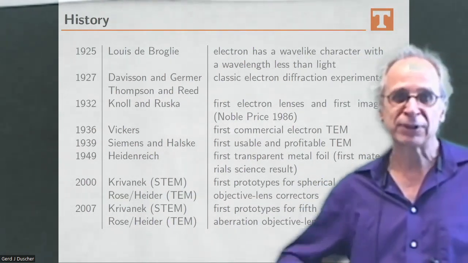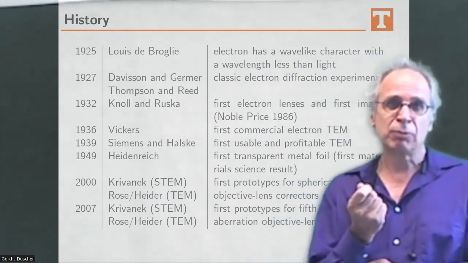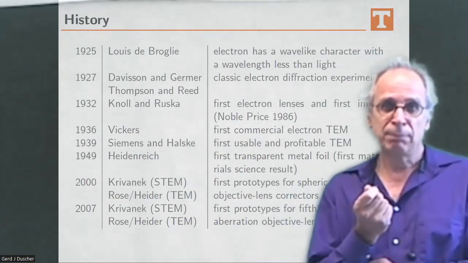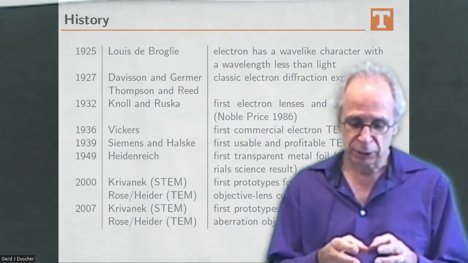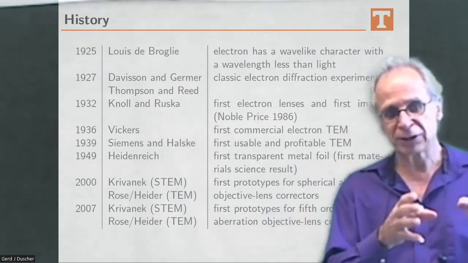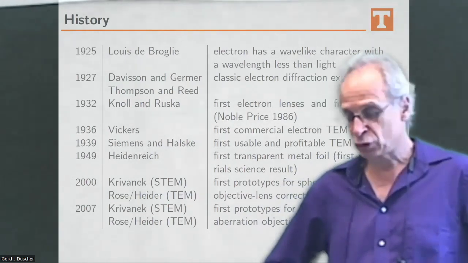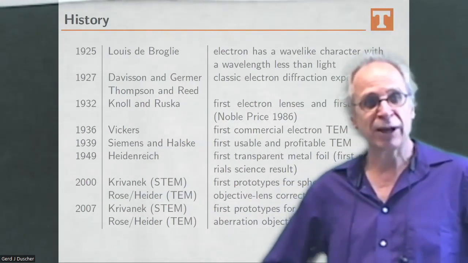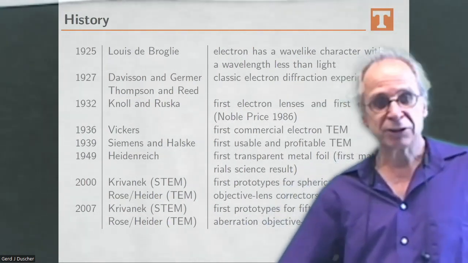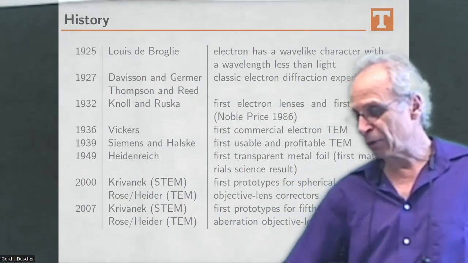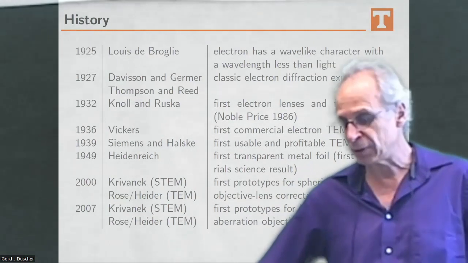And I'm putting up this slide because in electron microscopy, the time span from discovery to commercial product is usually extremely short. And so the same thing is happening with machine learning, right? So we had the discovery of the electron, and then the first electron microscope, and then very quickly after that we had the first commercial one.